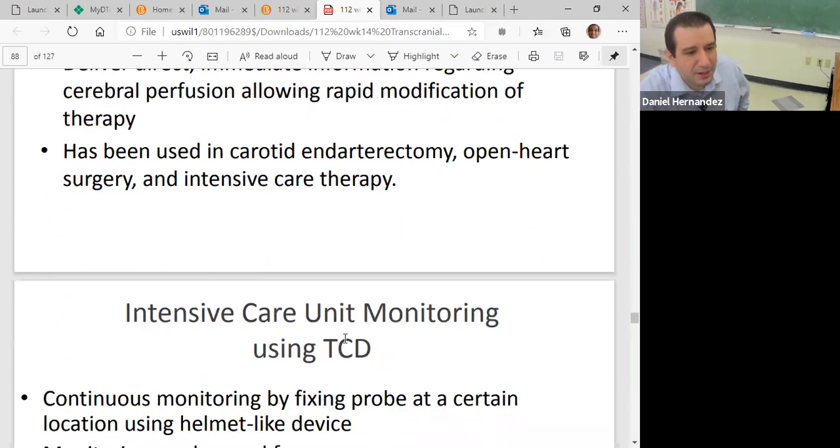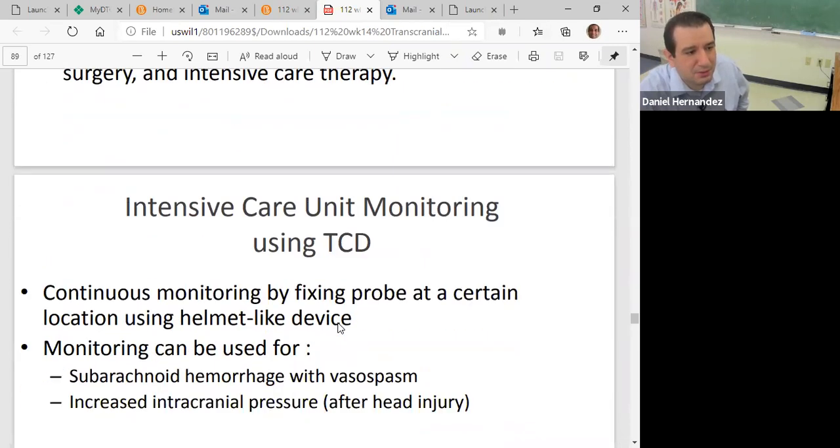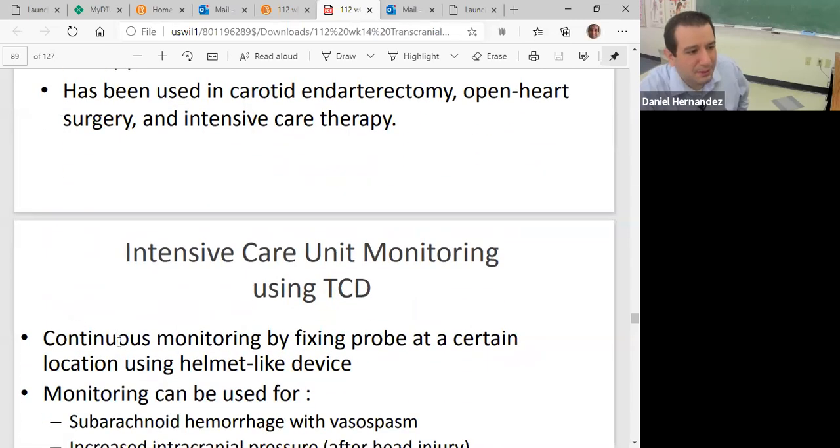So in the intensive care unit, we do continuous monitoring by fixing the probe at certain locations using the helmet-like device that we saw above.